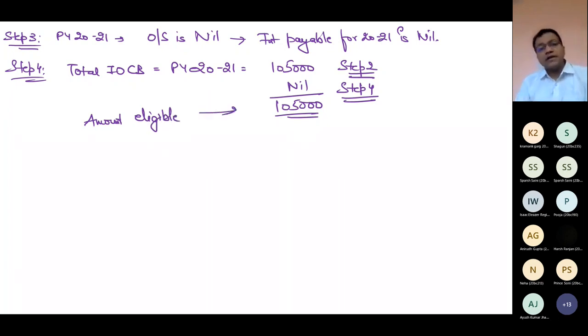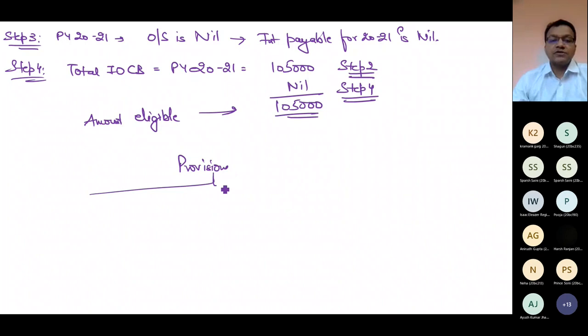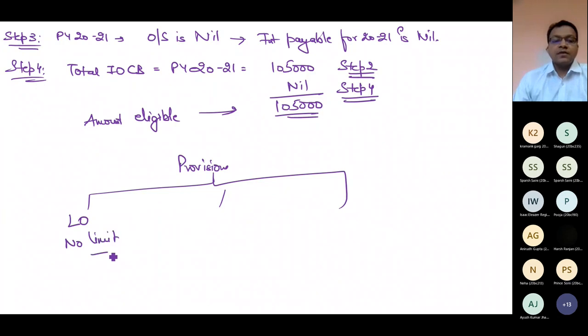Whether it will be allowed or not depends upon the provisions. And do you know what the provisions of deduction are? In let out, there is no limit, entire interest is allowed. In deemed to be let out, there is no limit, entire interest is allowed.